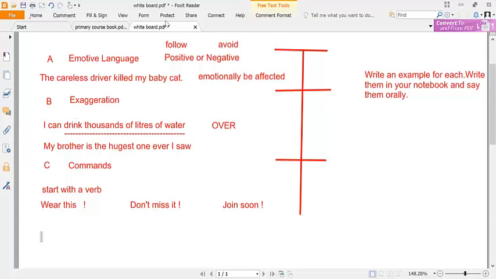Number 2, Yahya. The first one is the emotive language. Yes, what is the example? My friend scratched my brother in his hand. Okay.